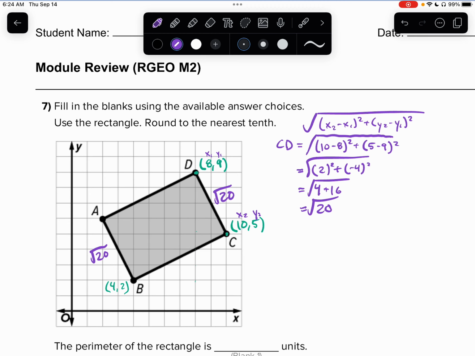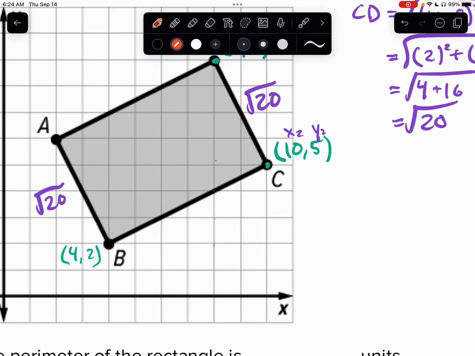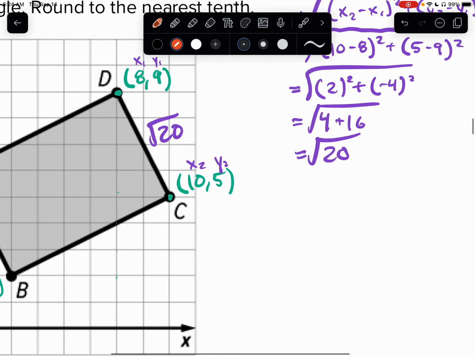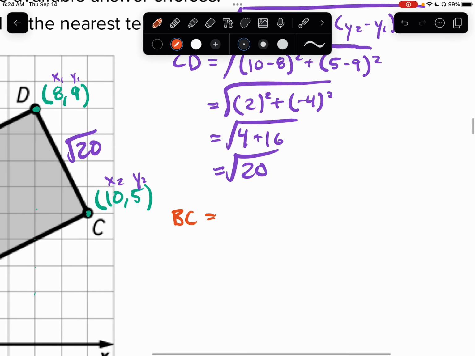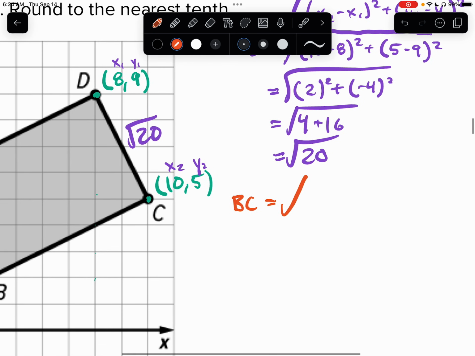Then I can do the same with BC or AD. I'm going to use BC because I already labeled it. So for BC, that can still be my x2, y2, and then B will just be my x1, y1 now. Okay, so for BC, it's going to be square root of x2 minus x1, so that's going to be 10 minus 4 squared.